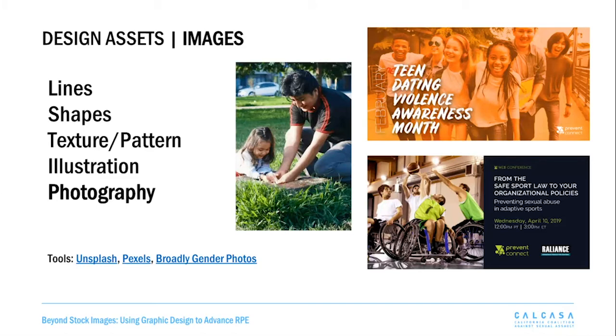So using people with different capabilities, showing people of color, showing not only a relationship between a child and a mother, but also a child and a father figure. So just keep these in mind when you are looking for images, that they communicate and that they resonate with your audience because they are similar to your audience.